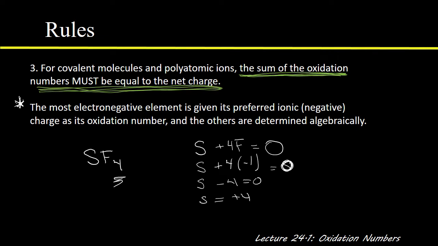So that means the oxidation number on sulfur is +4, and the oxidation number on fluorine is -1. Okay. Let's try another quick example. Okay, this time we'll do a polyatomic ion.